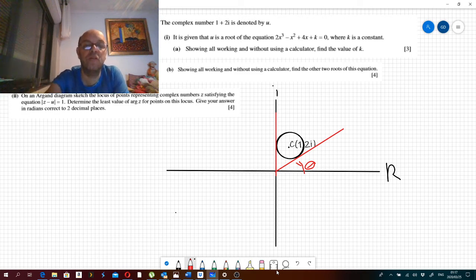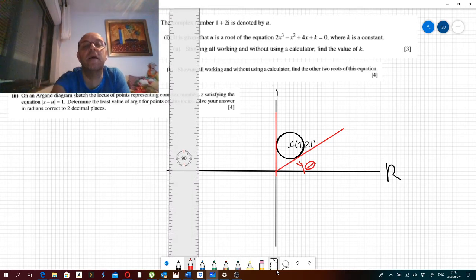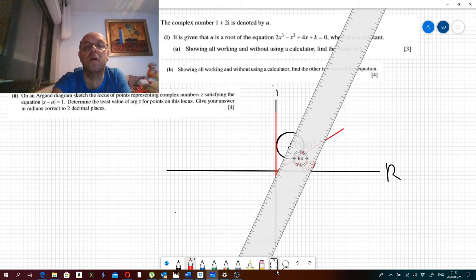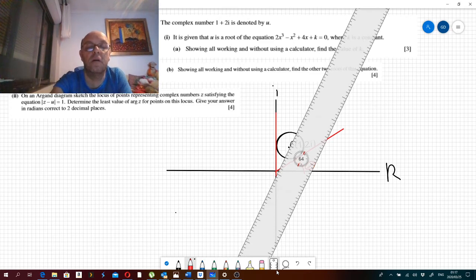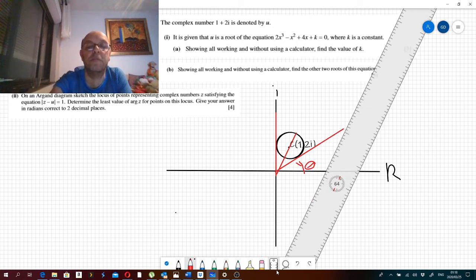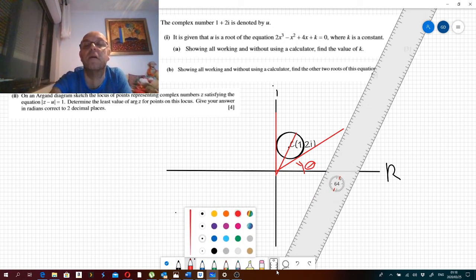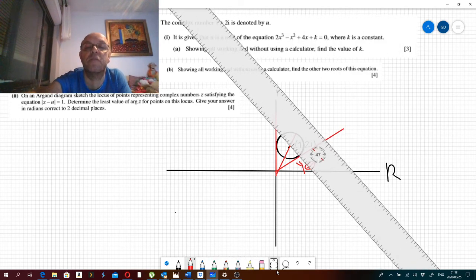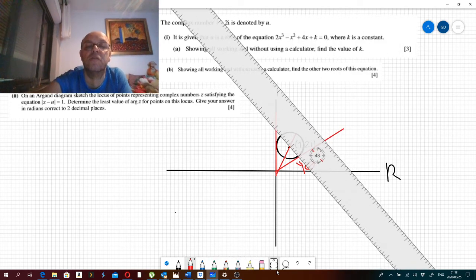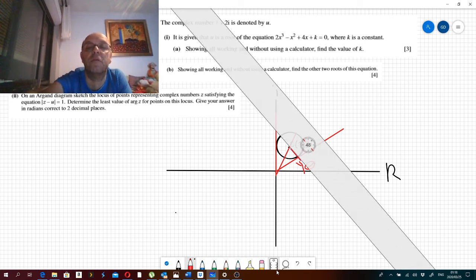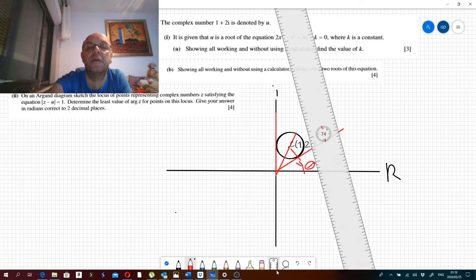Well, I'm going to draw another line to the center, because we know the value of that point at the center. You'll remember from some geometry that if I draw from the center of the circle to the tangent, we form a 90-degree angle, and we do the same thing over here.